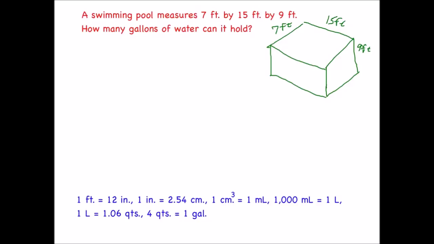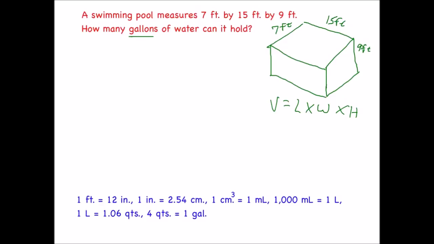And since we're actually asking about gallons here, gallons is the English unit for volume, we will have to use our volume formula, which is length times width times height. Alright? And that's what gives us our units with exponents on it.